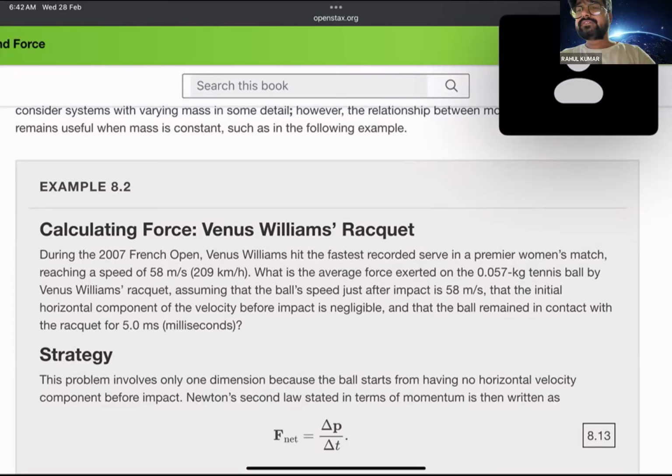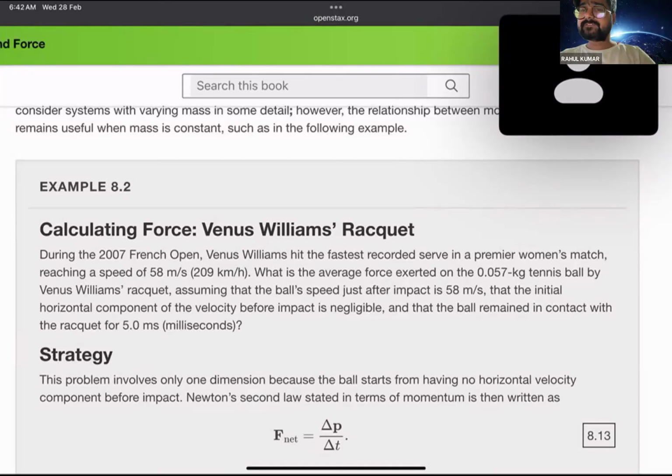Okay. So, how can you calculate the average force imparted on the tennis ball? Can you find the change in momentum of the tennis ball? First tell me what is the initial momentum of the tennis ball? 0.057 times 58 meters per second.